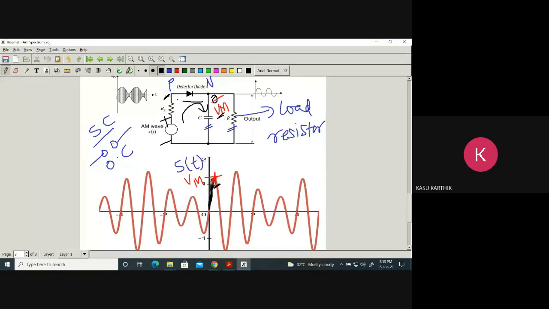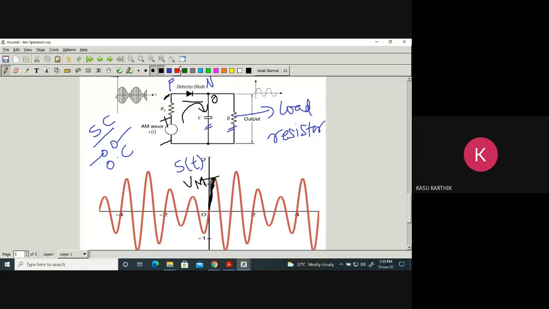So P side is this voltage. N side is having Vm voltage. Here this is the maximum voltage, Vm, V maximum. So the capacitor charges up to this point.